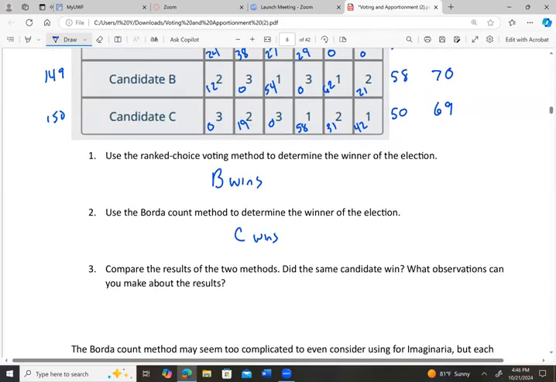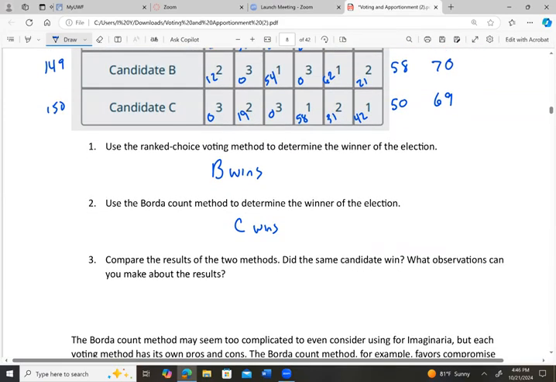So comparing the results of the two methods, did the same candidate win? No. What observations can you make about the results?